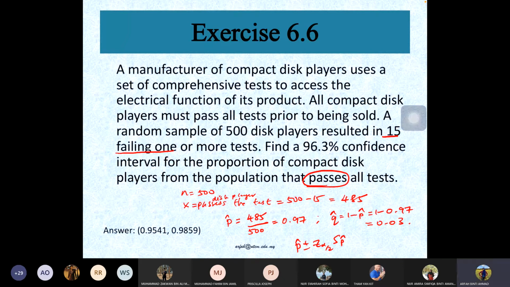Okey, dapat? Berapa P hat, SP hat? 7.6289 kali 10 kuasa negatif 3. Betul.